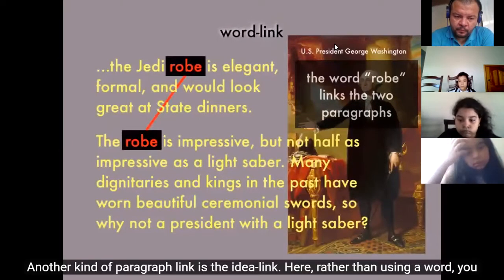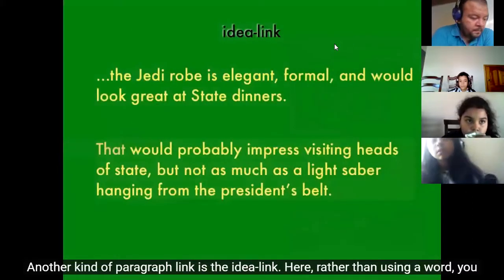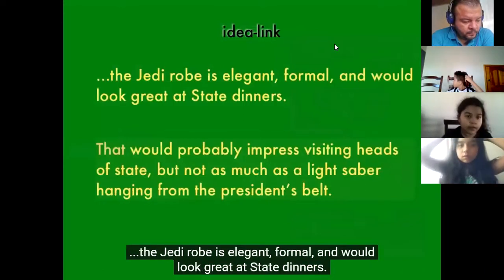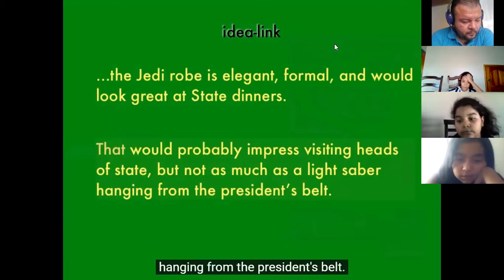Another kind of paragraph link is the idea link. Here, rather than using a word, you refer to an idea from the previous paragraph like this. The Jedi robe is elegant, formal, and would look great at state dinners. That would probably impress visiting heads of state, but not as much as a lightsaber hanging from the president's belt.